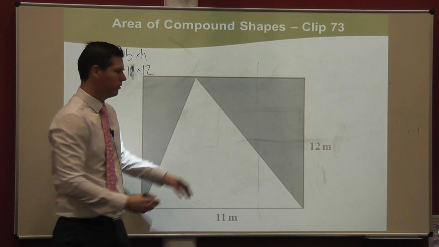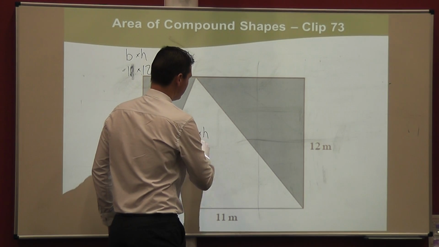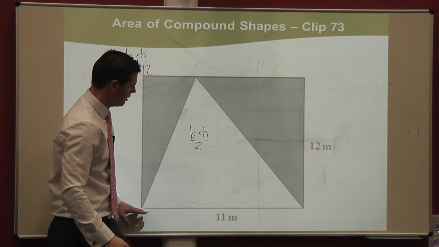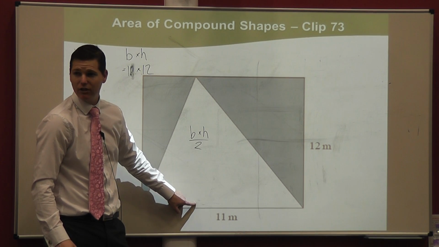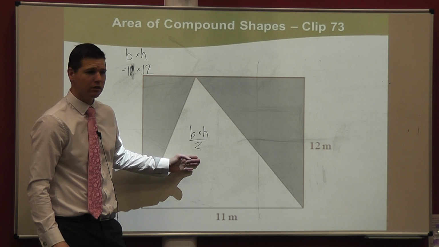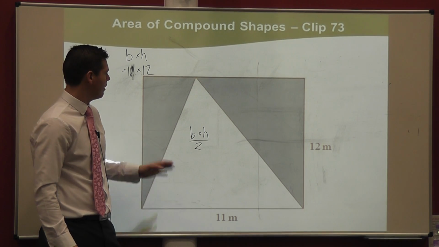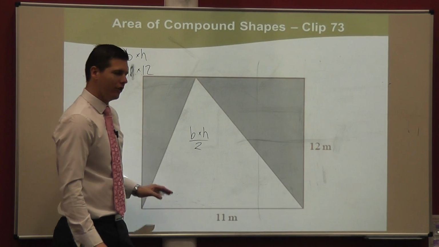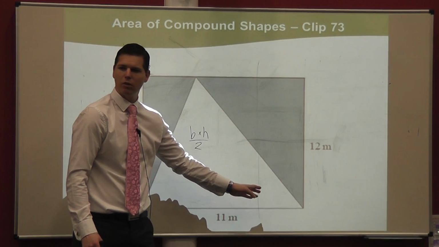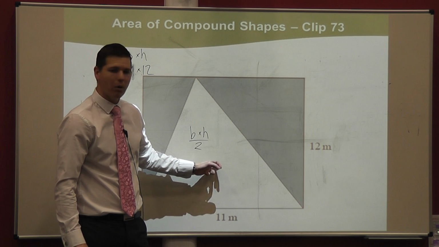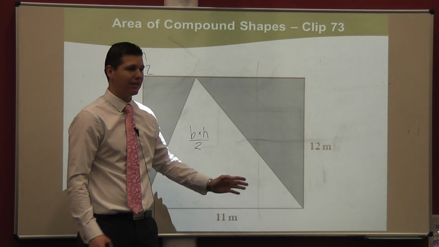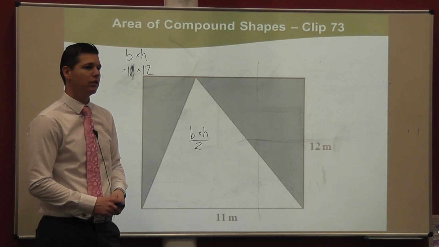The area of the triangle is base times height divided by 2, which in this case is 11 times the perpendicular height, which is 12, 11 times 12, and then half it. And then what you end up with is the area of the rectangle and the area of the triangle, and so to work the answer out, all you do is you subtract this away from what the total area was, as if you were cutting it away and throwing it out.